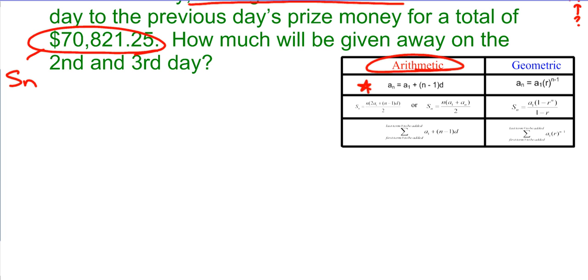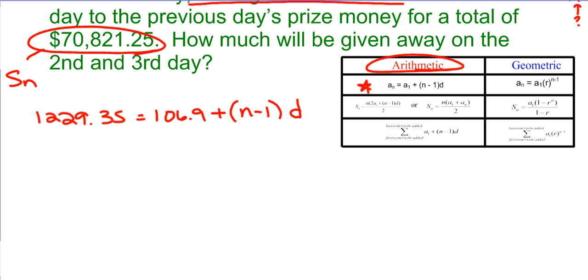Well, I know on the last day, AN, we labeled that, that was that 1229.35 equals A1. Well, A1, the first day, is 106.9, right? Plus, and I don't know how many days they're doing it. So when I look at this formula, this is the one I think I want to use, but I don't know N and I don't know D.